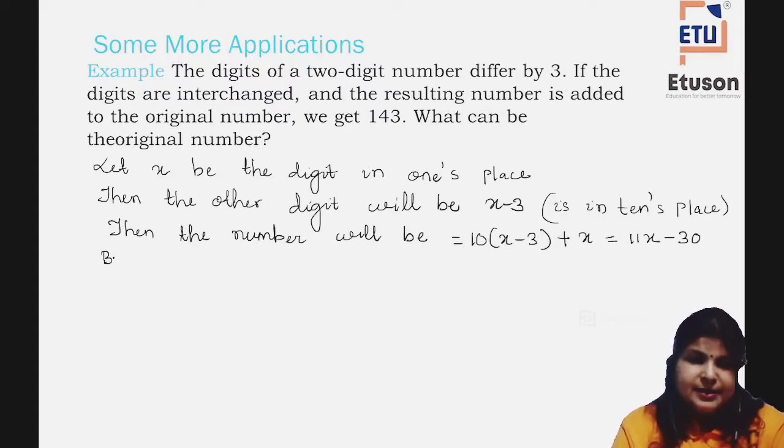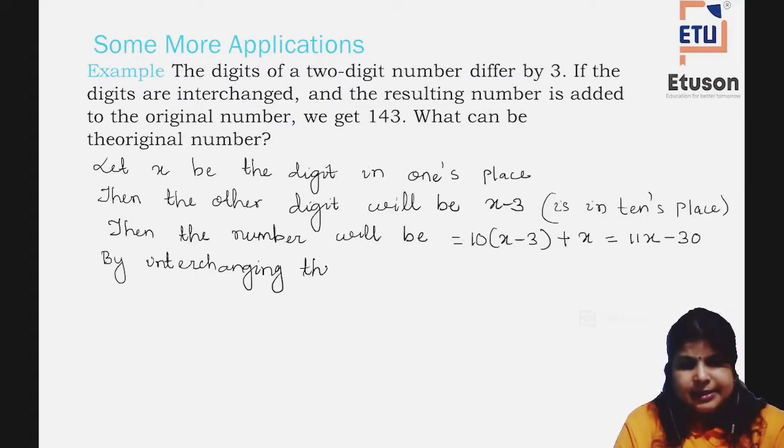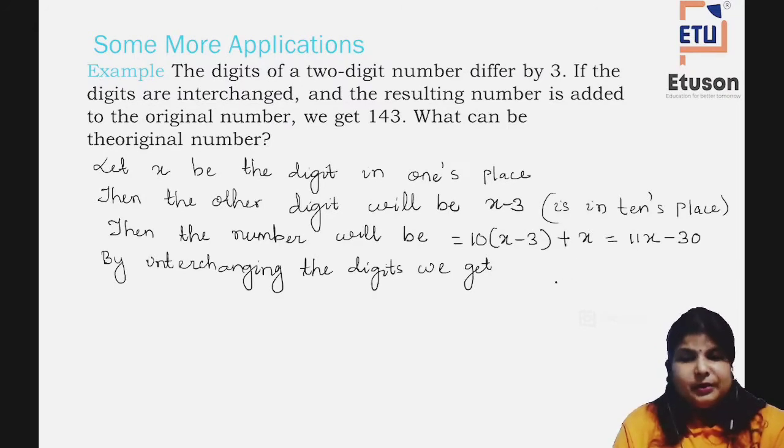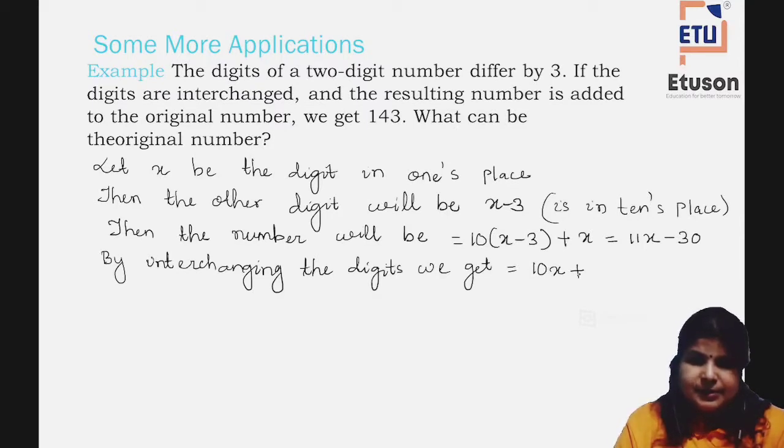By interchanging the digits, what do we get? Now x minus 3 will be in the ones place and x will be in the tens place. We get 10x plus x minus 3. Correct or not? So that is 11x minus 3.